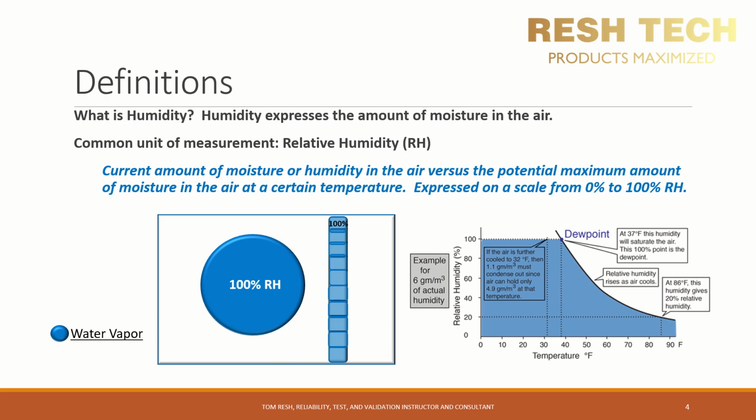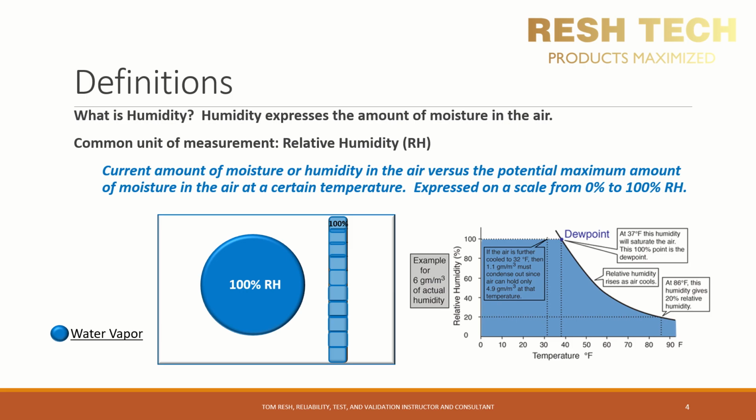So, a quick way to think about the difference between dew point and relative humidity is that dew point is the point at which the air is fully saturated with water and is condensing at the same rate as liquid water is evaporating, while relative humidity tells us how close we are to fully saturated air on a scale from 0 to 100% RH. On the right, you can see a graph that demonstrates the relationship between dew point, temperature, and relative humidity.